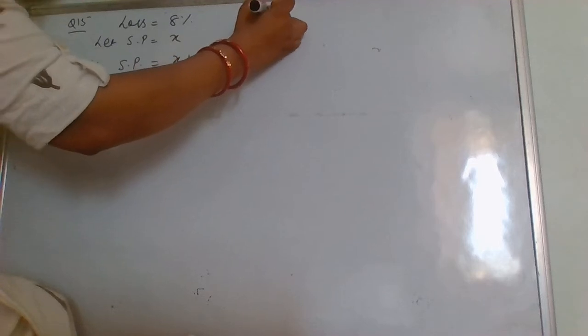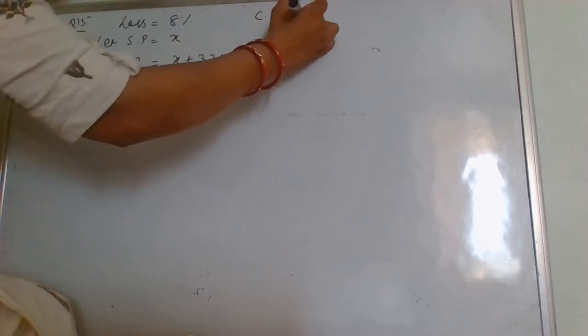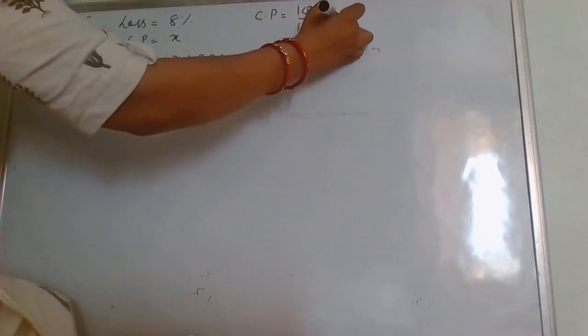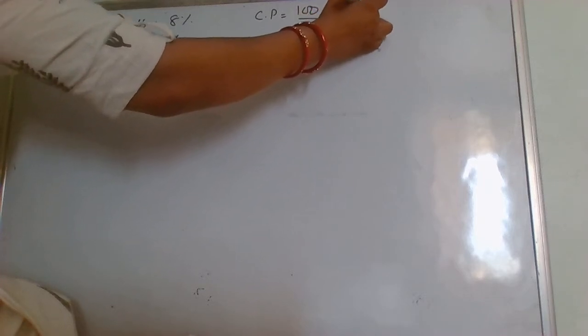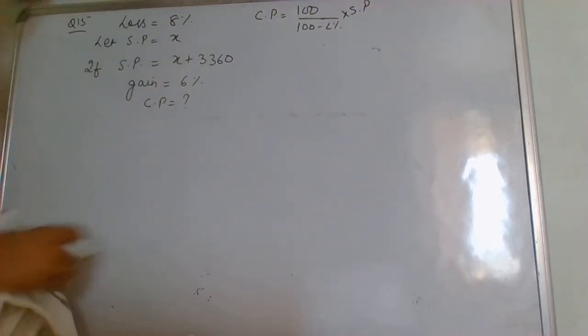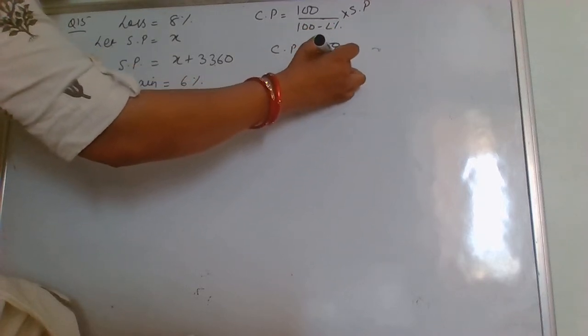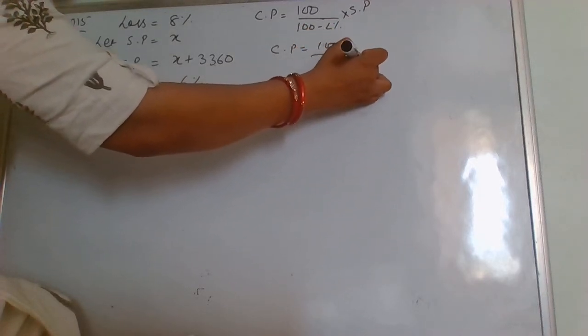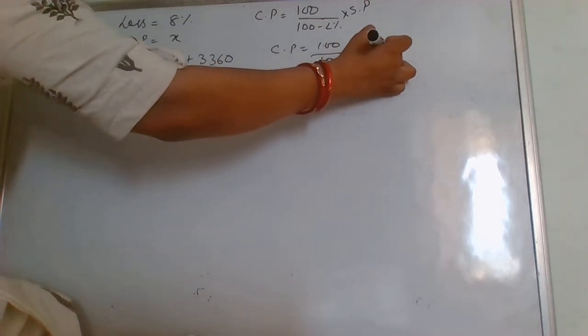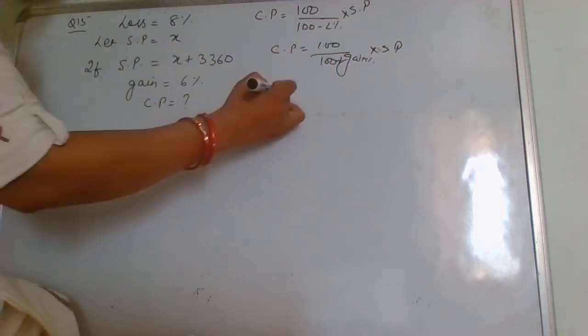So here we will use this formula: CP is equal to 100 by 100 minus loss percent into SP. This is the formula when we have loss, and CP is equal to 100 by 100 plus gain percent into SP. So these two I will equate.